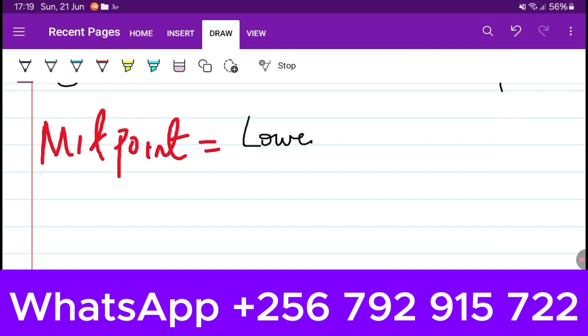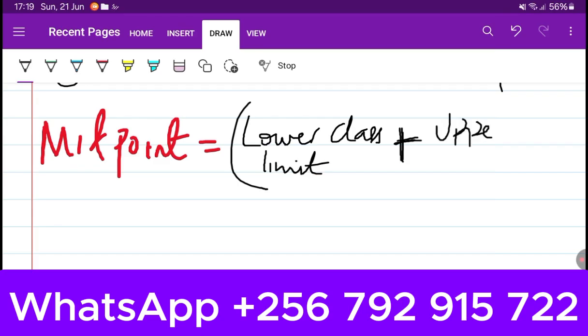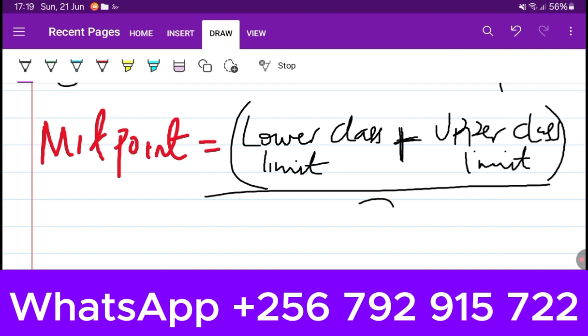So the lower class limit plus the upper class limit, divided by 2. Divide by 2. That's how we get the midpoint.